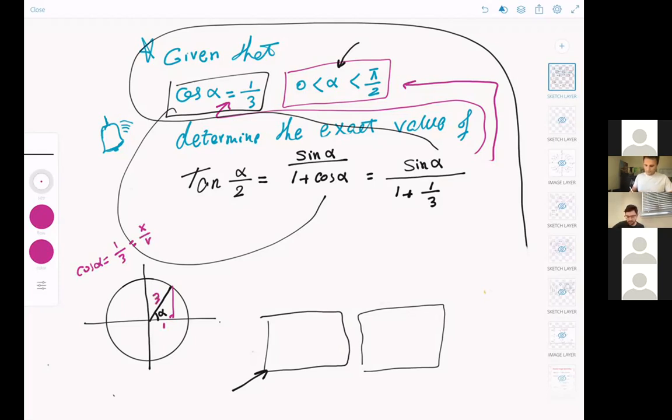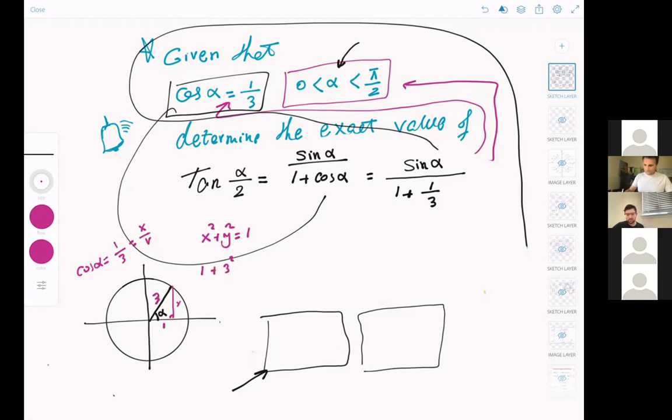Then you solve for y. x squared plus y squared equal to r squared: 1 plus y squared equal to 9.